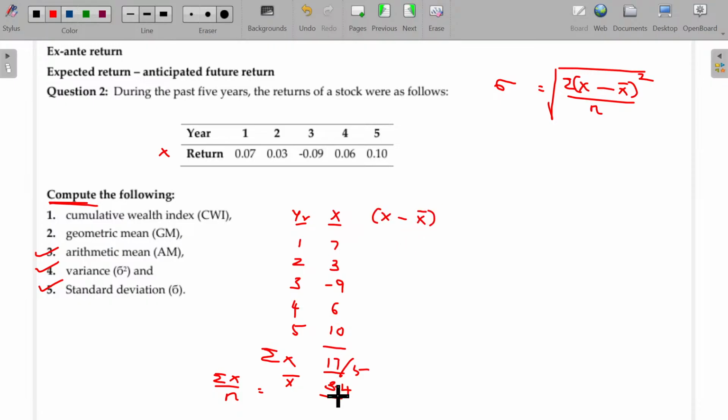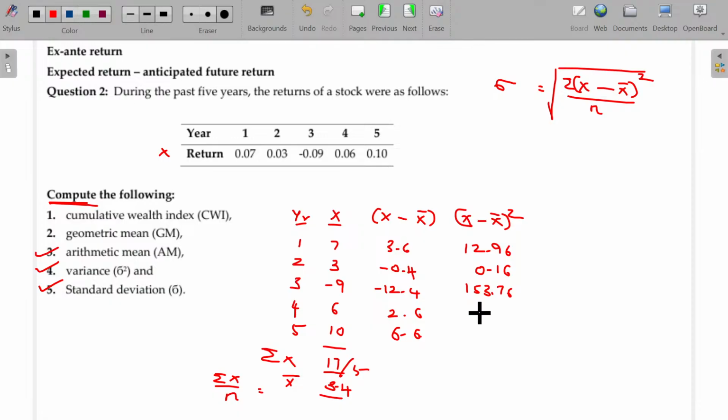So it is 7 minus 3.4, 3.6, here minus 0.4, minus 12.4, 2.6, 6.6. Now find out x minus x bar to the power 2, this value being 12.96 and 0.16, 153.76, 6.76, 43.56. Then overall total in this case being 217.2.